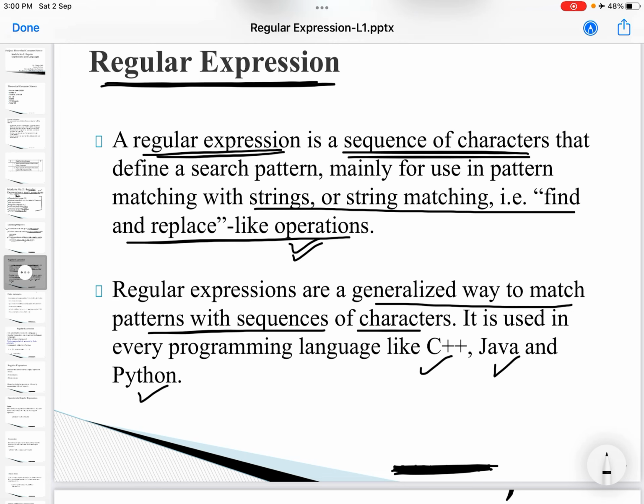They are nothing but a way of representing a set of characters. Characters can be alphabets, digits, anything.